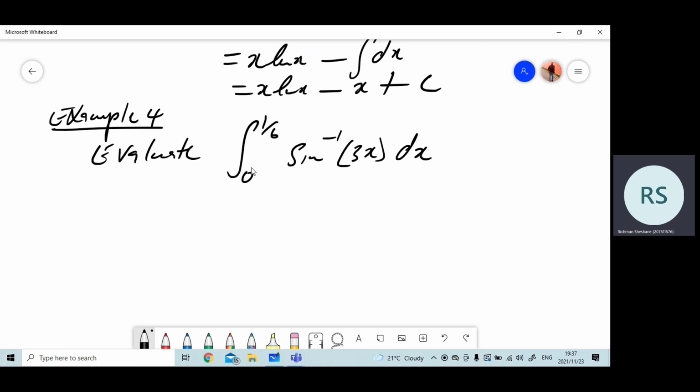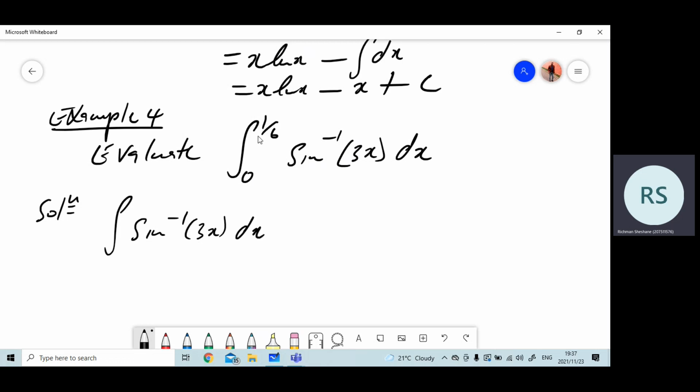I know you did this in Math 1. You know how to evaluate definite integrals. When you evaluate definite integrals, you start by integrating your function. So the first step, solution, is to find the integral of your function, sine inverse of 3x dx.